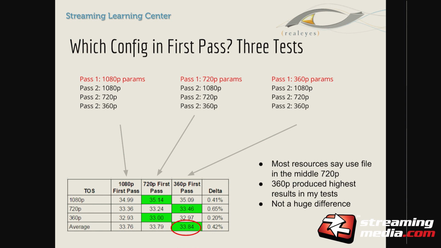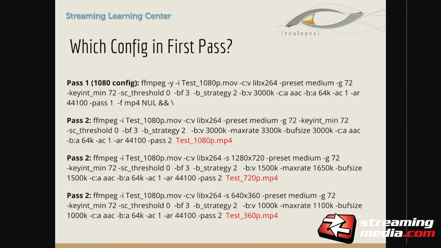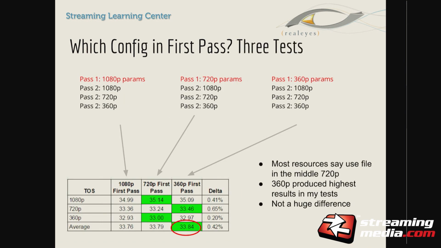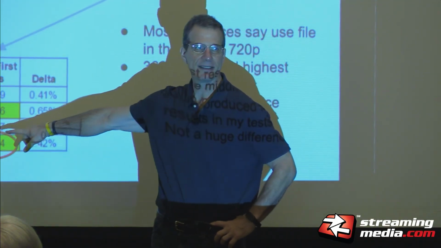The pass on the left used the 1080p parameters in pass 1. The one in the middle used 720p parameters in pass 1. And the one on the right used the 360p parameters in pass 1. And then I measured PSNR of all 3 files. And it turned out if you use, in this case, the lowest quality file in the first pass, you got the overall highest results. You're not seeing a huge amount of difference between these 3.